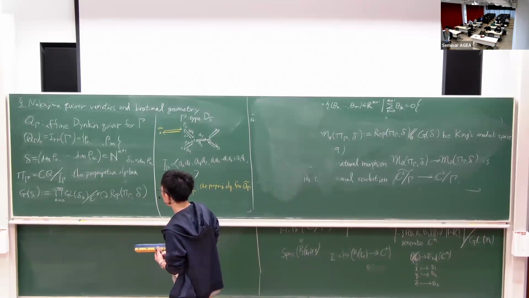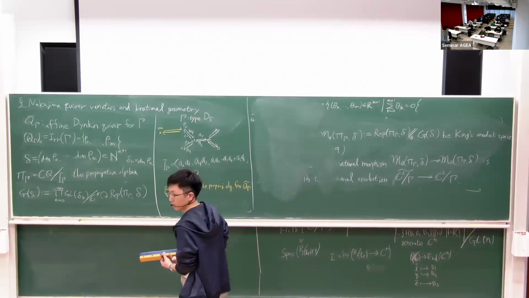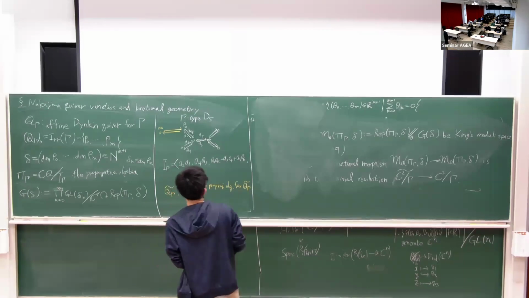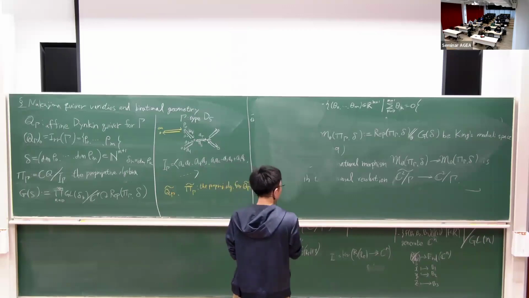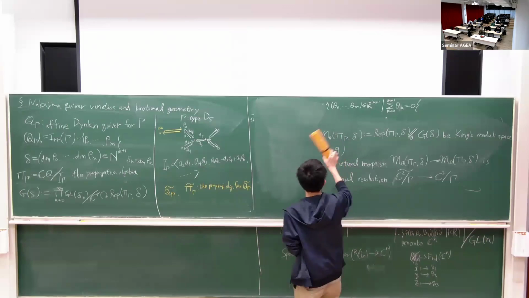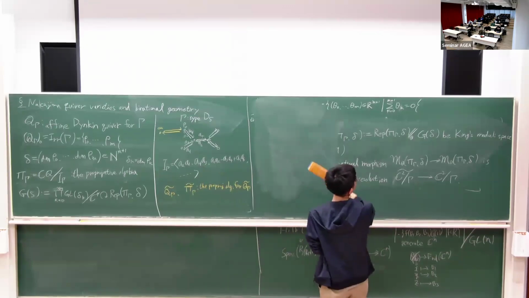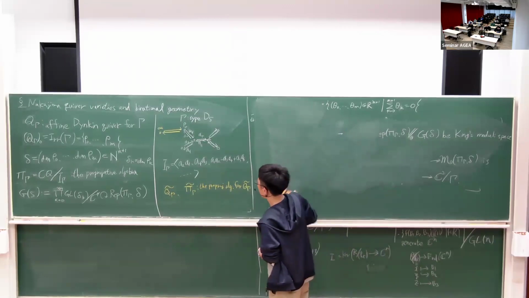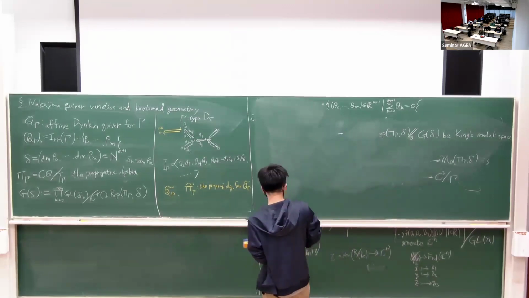Just m plus 2 copies, not infinitely many copies. The index only runs from 0, 1 up to m and then jumps to infinity.